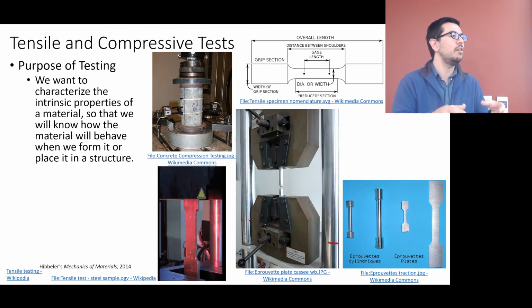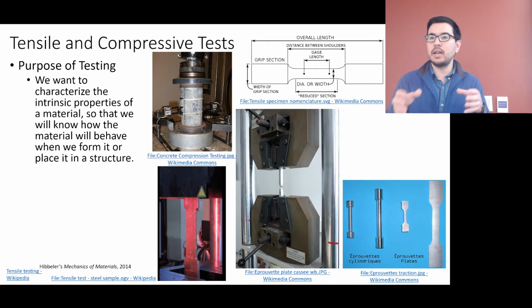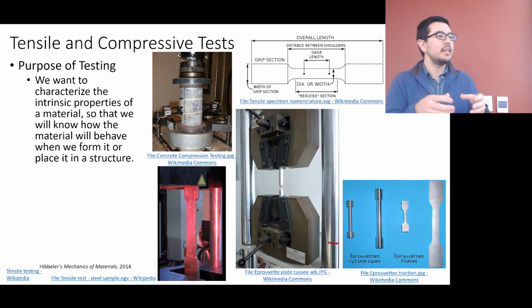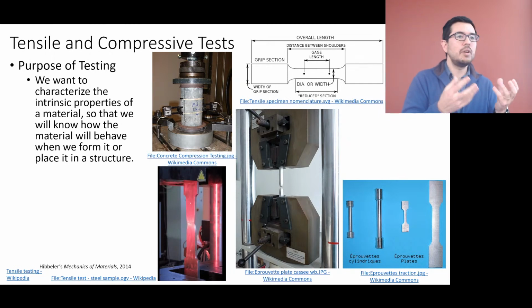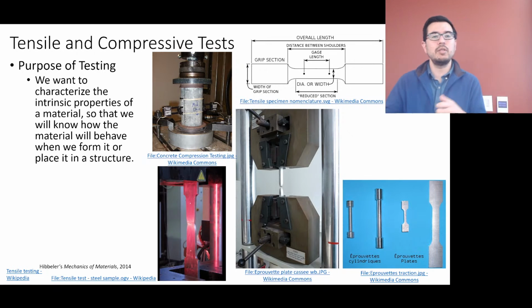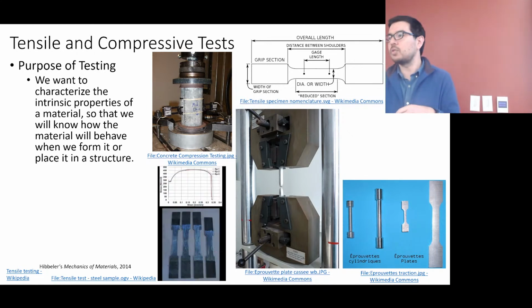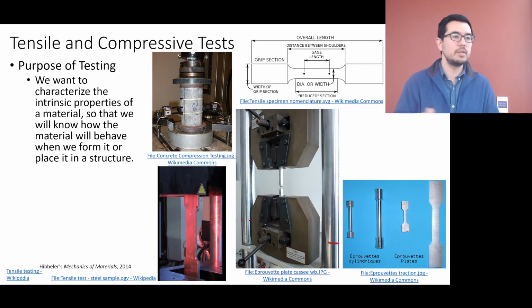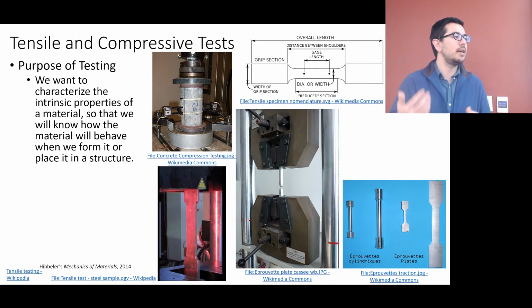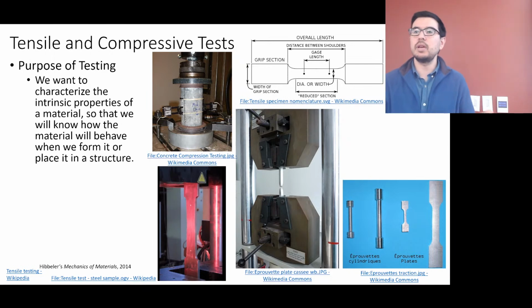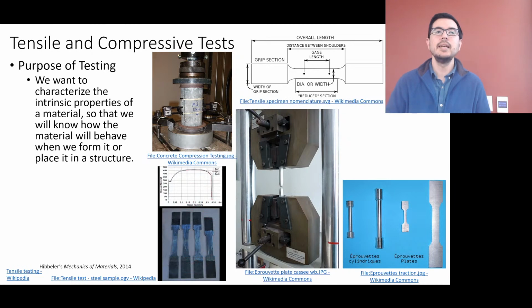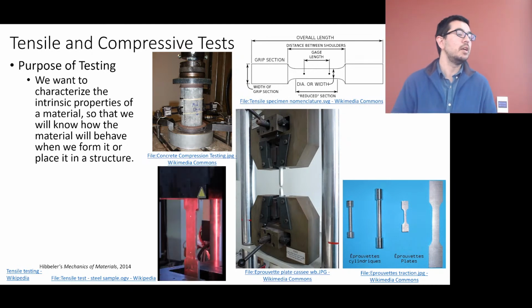Although there are machines that allow you to do diagnostics on structures of large size, the idea is we take small pieces of material that are used in larger structures or vehicles or toys, whatever they might be, and we get an idea of how they're going to behave so that when we design, we can predict whether or not we're going to be exceeding the capacity or the strength of the materials that we're using.